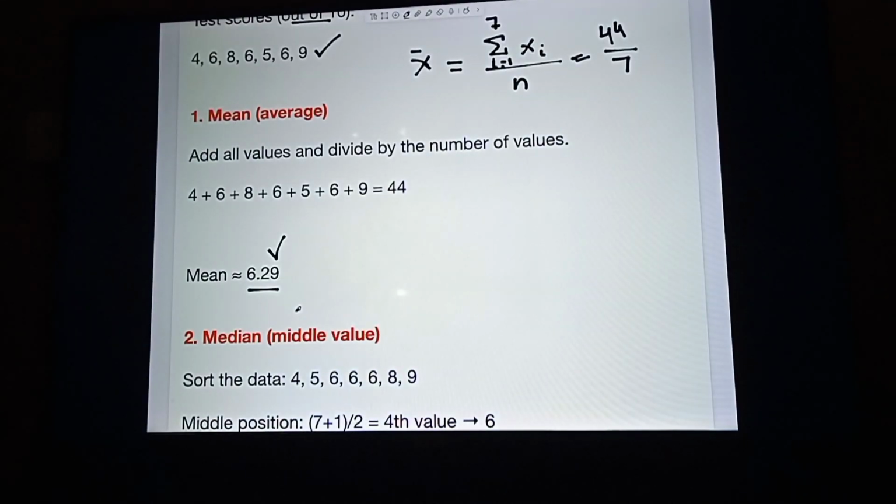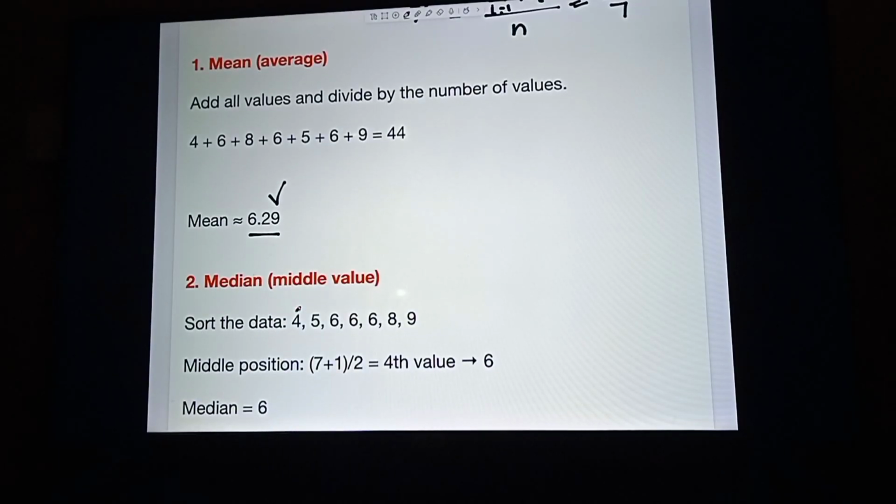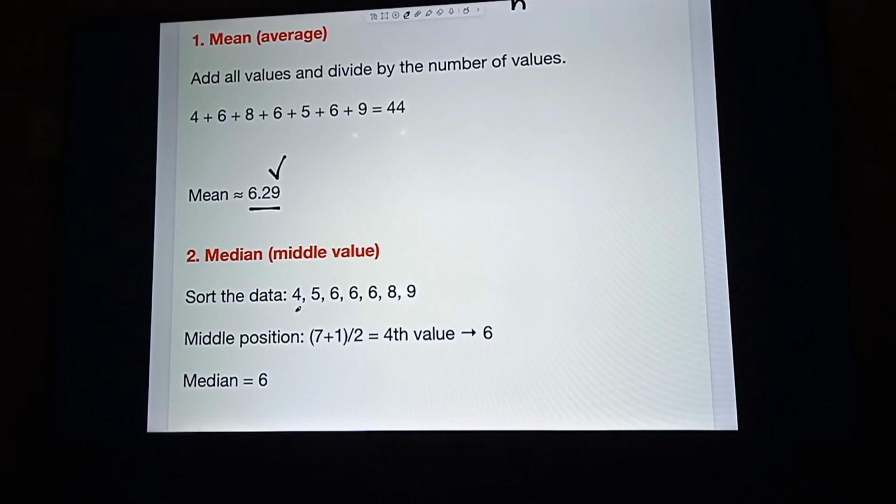Now for the same data, find the median. Median is the middle value, but first arrange the data. Here the data is sorted, and there are 7 values: 1, 2, 3, 4, 5, 6, 7.